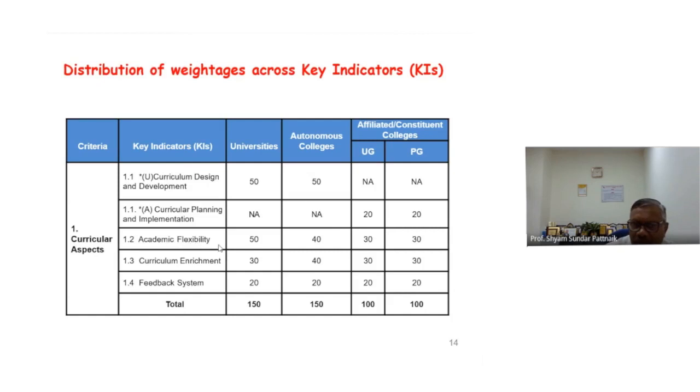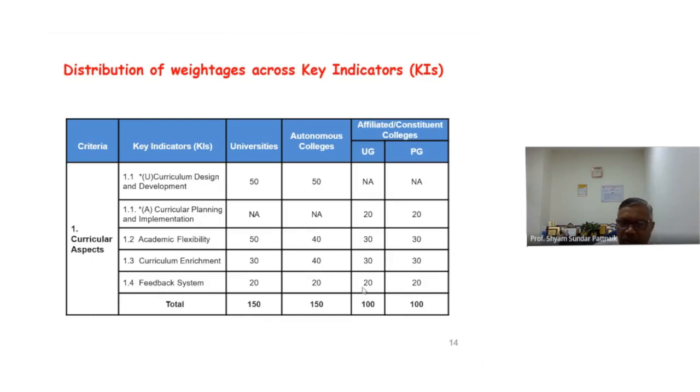Academic flexibility, that means how much flexibility and autonomy you have given to the student, giving the scope for self-learning, giving the scope for earning credit from other sources. So that is also seen in this academic flexibility. Curriculum enrichment, that is the quality of curriculum, the inputs which you give through the curriculum. So that curriculum enrichment also needs to be addressed. So for all systems it is there.